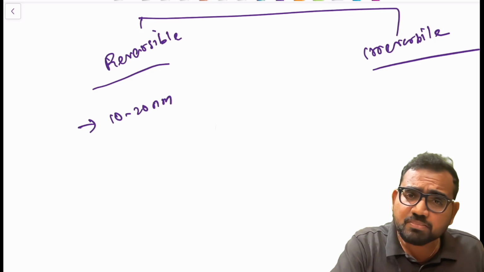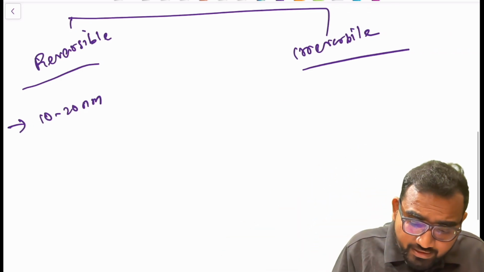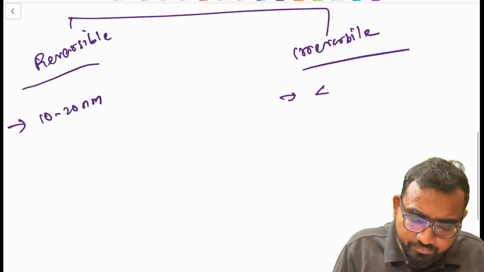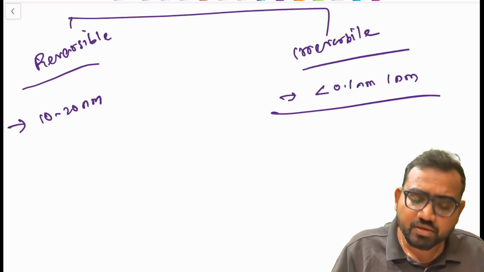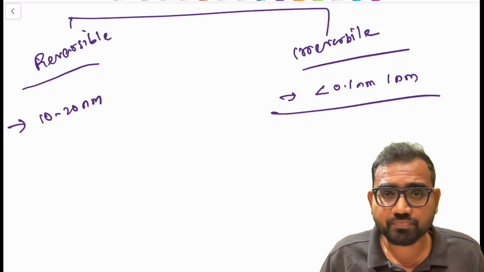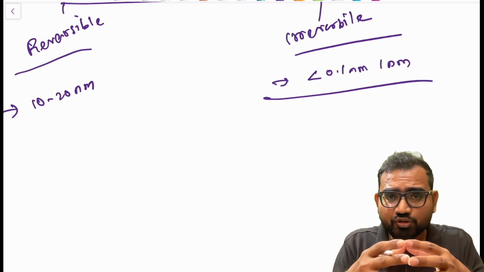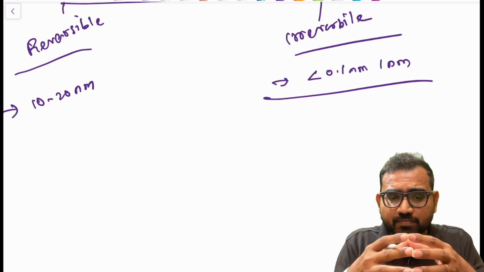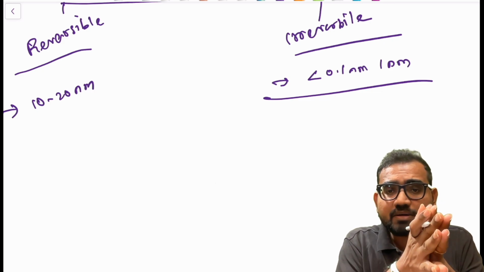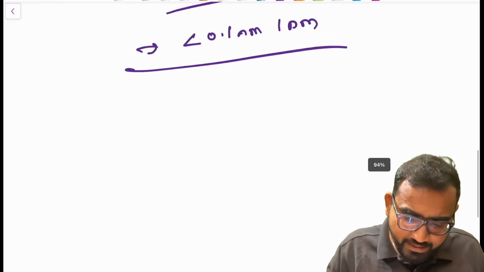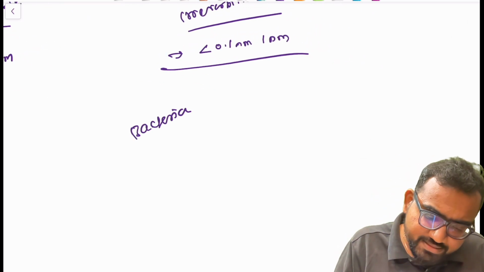So the reversible addition is influenced by the saliva flow. Once the bacteria goes to less than 1 nanometer, it becomes irreversible addition. The bacteria attaches itself to the pellicle at a specific distance. As the bacteria penetrates through the pellicle, it becomes an irreversible attachment. That means the bacteria will have specific adhesins.